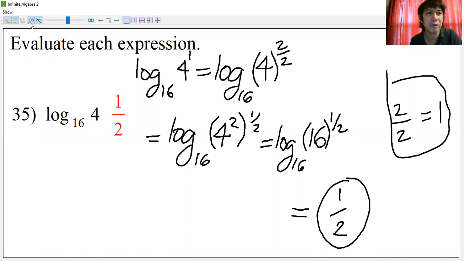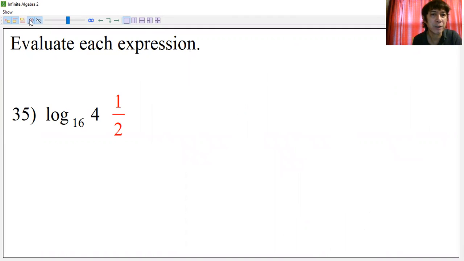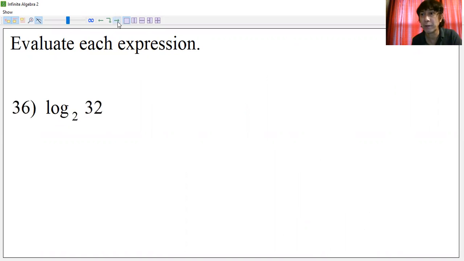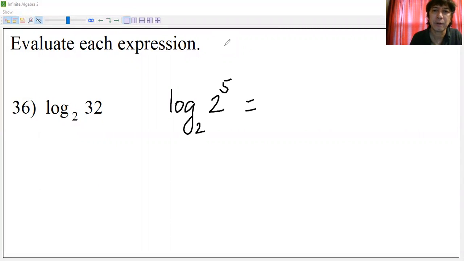Let's continue with 36. Let's remove the answer and continue with 36. This one is rather simple. We have a smaller number base, and we have 32. That can be expressed as 2 to the 5, and the answer is 5, of course. So this can be base 2 and then 2 to the 5, like that.